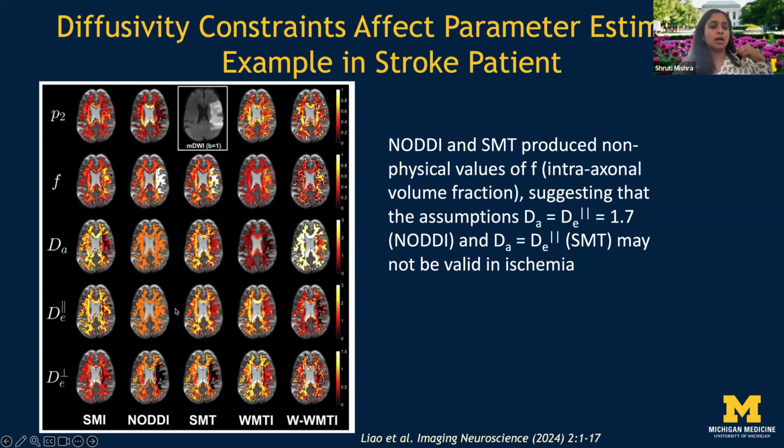You can see that both NODDI and the spherical mean technique produced non-physical values for the intraaxonal volume fraction in the area of the infarct, suggesting that the assumptions made in those models may not be valid in the case of ischemia. This highlights that even though diffusivity constraints help with parameter estimation and make the models more computationally feasible, making an umbrella constraint may or may not be valid in different disease states.